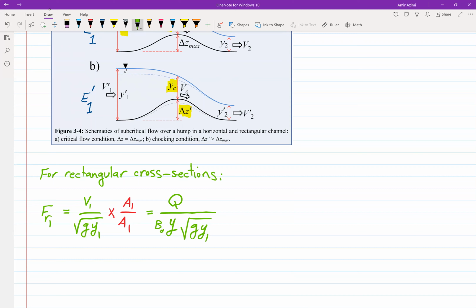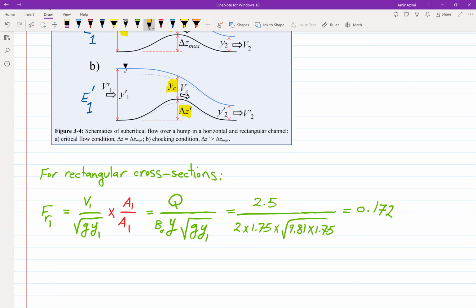Okay, so total discharge is 2.5 cubic meter per second, divided by B0, 2 times 1.75 times square root of 9.81 times 1.75. And this gives you the Froude number of 0.172.